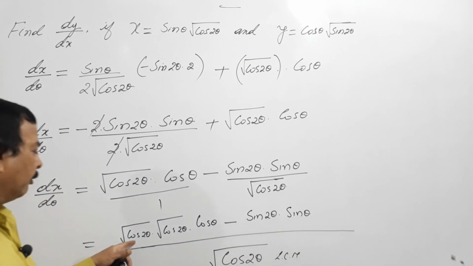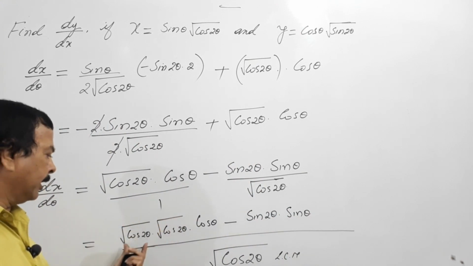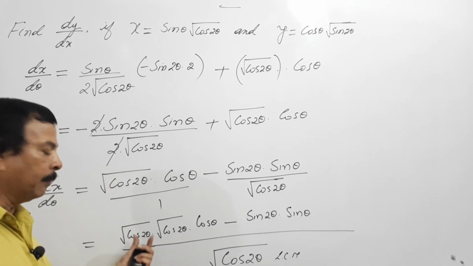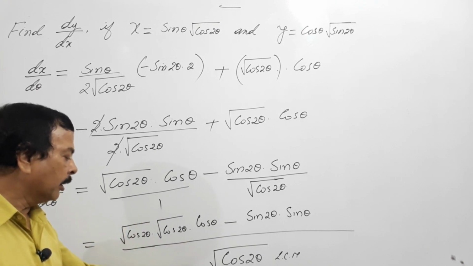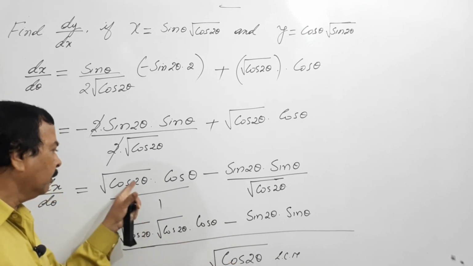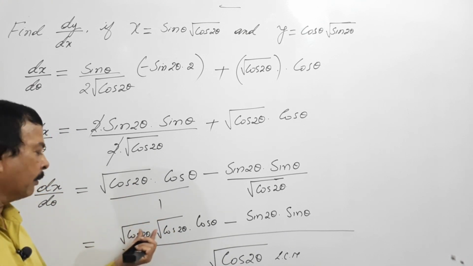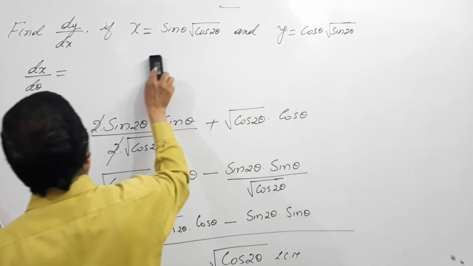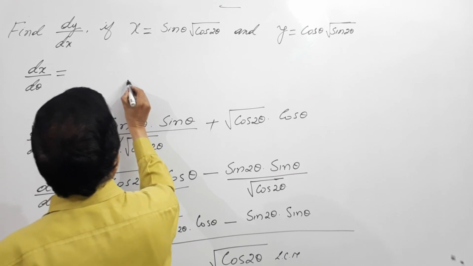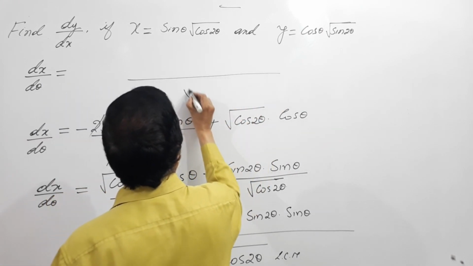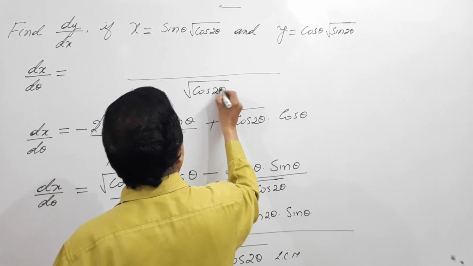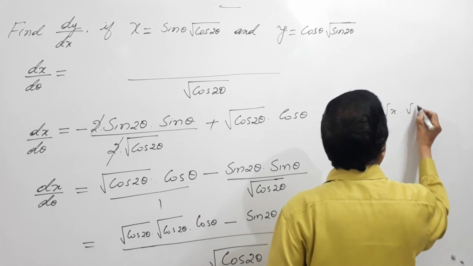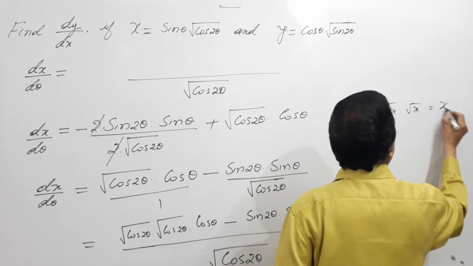See here, I could have easily removed this root and straight away written cos 2 theta. But some students are weak to understand, it will be difficult for them to pick it up. That's why it goes one time, that is the root of cos 2 theta, one time into this cos 2 theta. Root x into root x becomes x.